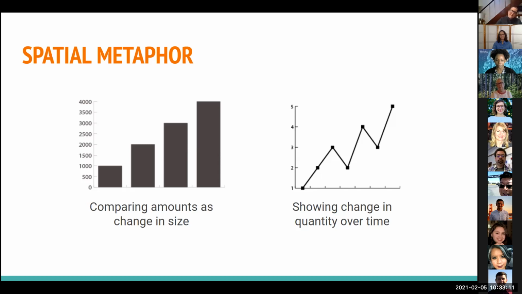Something in the past existed some way, and now it's different. We started off at 1, and now our thing is 2, and it's important to indicate that that's related to time and change, which is why we're going to choose line charts there. But the secret is that all data visualization is just related to this idea of how we're mapping concrete onto abstract ideas.